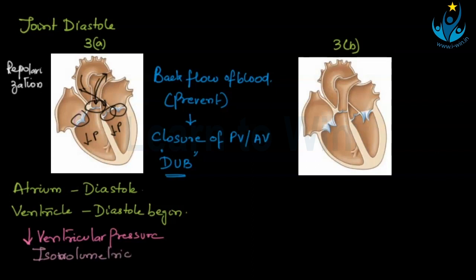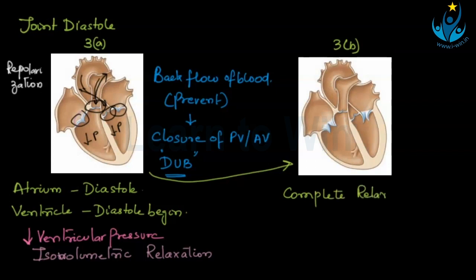I've told you, all the valves will be closed during two stages: isovolumetric contraction and isovolumetric relaxation, where all the four valves are closed. Now, slowly, the ventricle completely starts to relax. So there is complete relaxation of the ventricle.